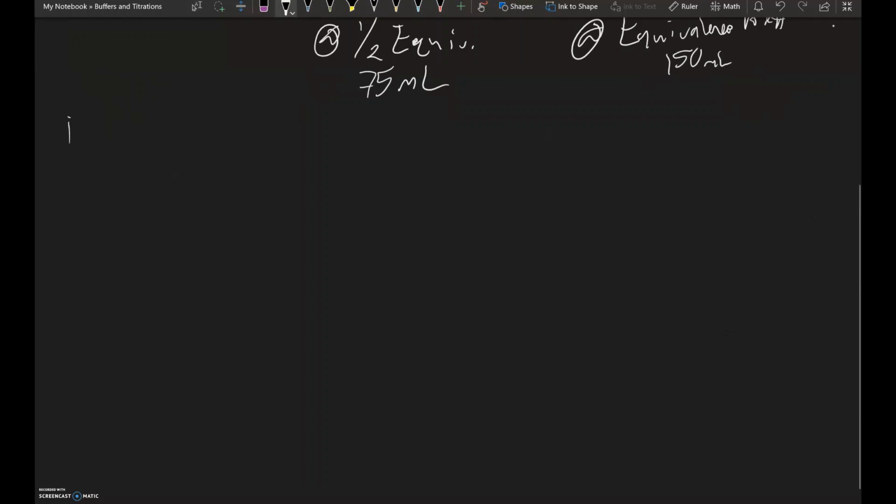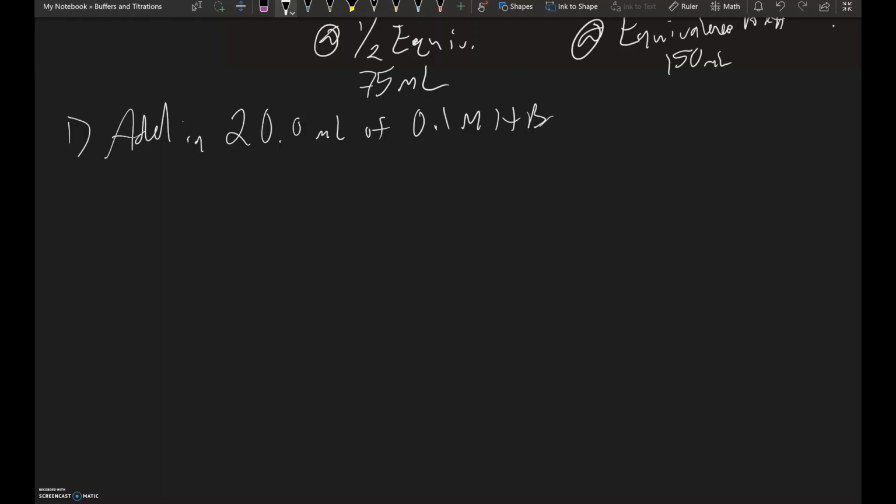So the first problem that we're going to work with here is adding in 20 milliliters of the 0.1 molar HBr. The first thing we're going to do is the stoichiometry part.